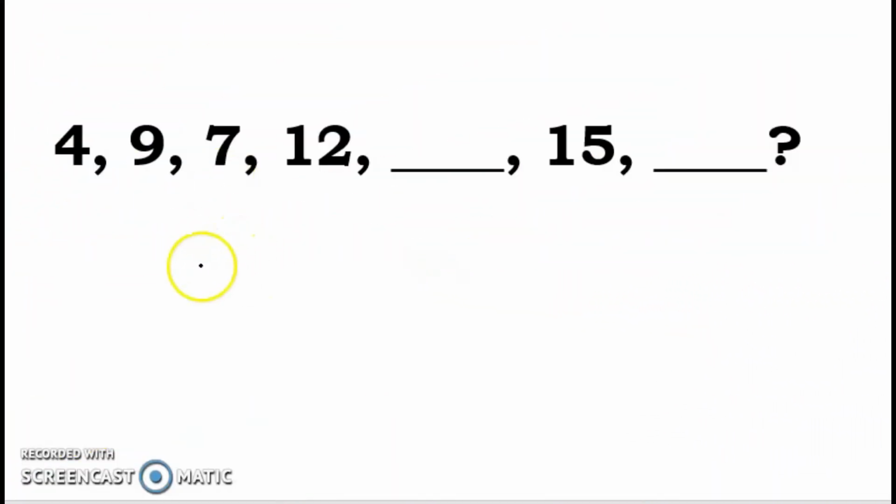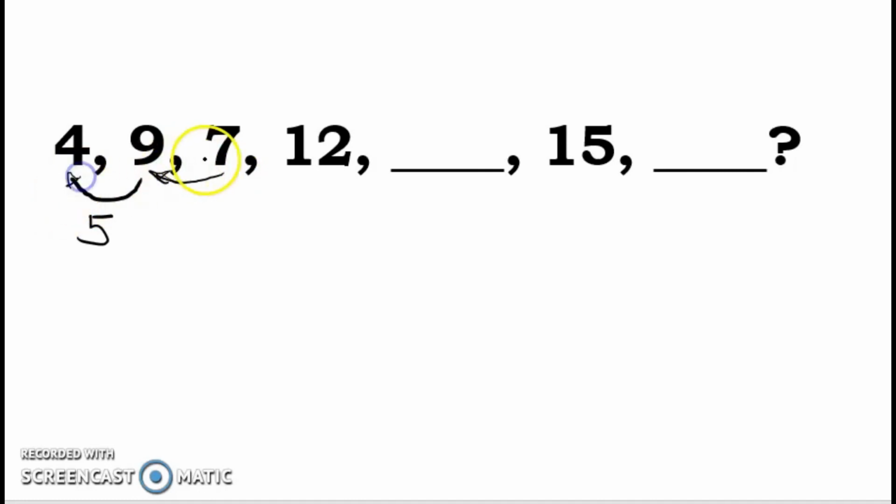Okay, so let's have another example. So, same procedure. Check natin yung difference nila. Okay, so tignan natin kung may pattern. This is 9 minus 4 is 5. And then 7 minus 9. Papunta tayo dun ha.